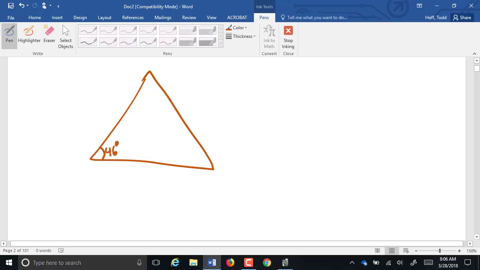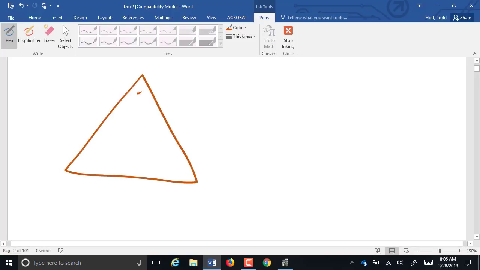I know this side over here, well, you know what? I'm getting ahead of myself. We're going to do that tomorrow. For right now, right before we jump into that, I will give you this example. We'll keep this at 46 degrees since I had it up there.